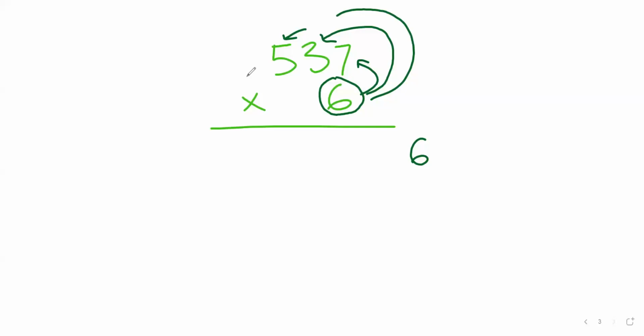So the first one is 6 ones, and I'm going to multiply that by the 7 ones that are right above it, right? I'm not writing an answer yet. I'm just going to write that. Again, remember, this dot is a sign of multiplication. Then I'm still saying with those 6 ones, and I'm going to multiply them by the 3 in the tens place, which is 30. This is why place value is so important. This is why we've been practicing this work.